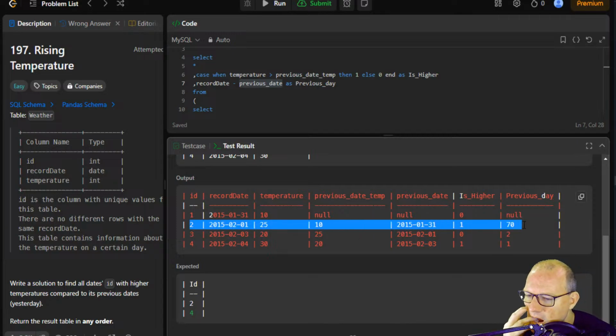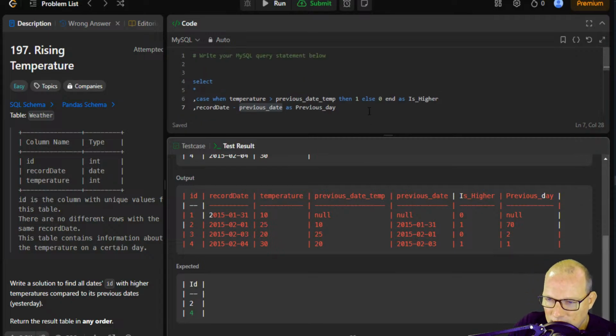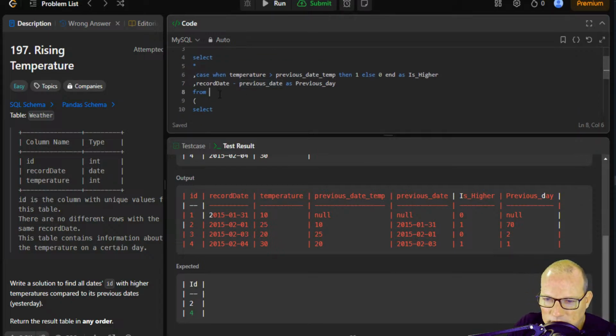This, $70. Okay, am I pointing it at something else? Is higher. Okay, that's right.